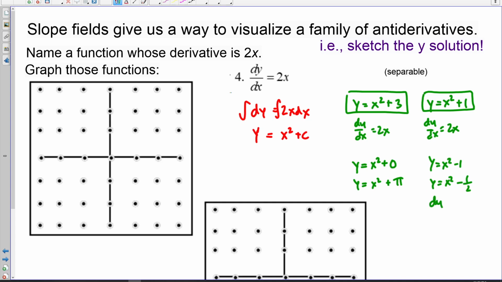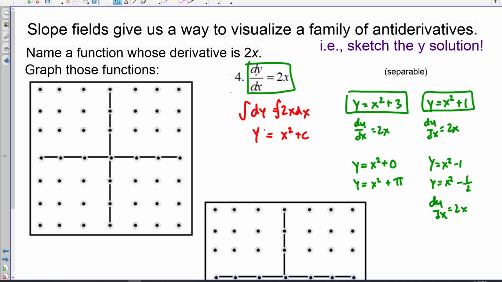The derivative of this is going to be 2x. So there's an infinite number of answers for this differential equation. Now, when you get an initial condition, then there's only one answer. But this doesn't have an initial condition, so we're going to have many possible answers.